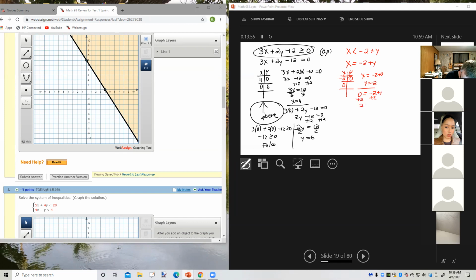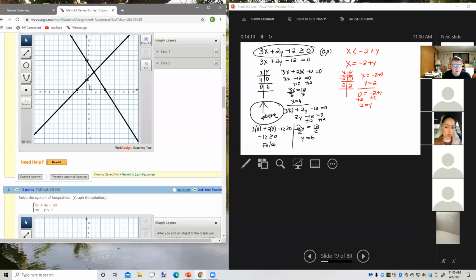Add 2 to both sides. 2 equals y. Y equals 2. So I'm going to plot -2, 0, and 0, 2. Now, this line does not include equals, so it's going to be dashed.